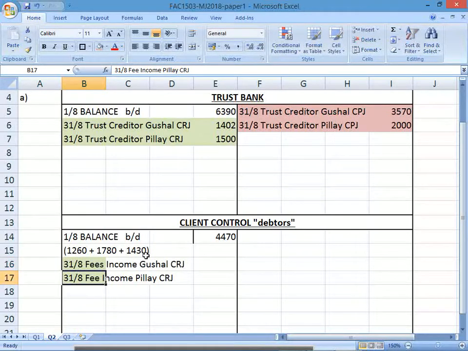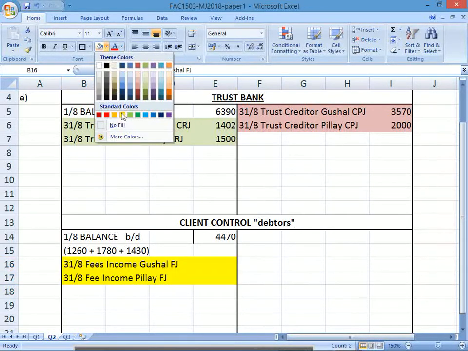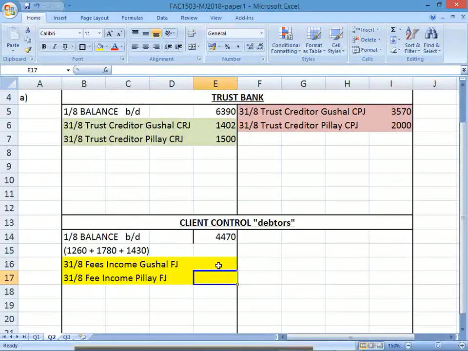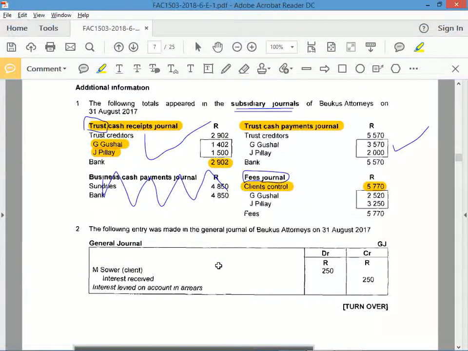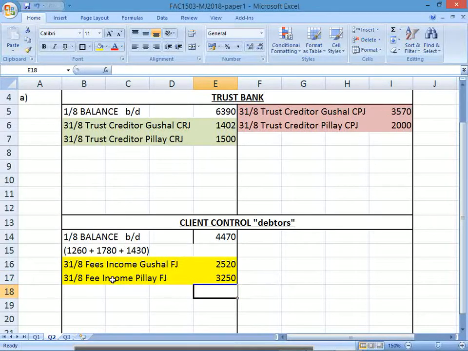Because this is the client control account, this would have been from the FJ, fees journal. Amounts, let's get them. 2520 and 3250. There we go.